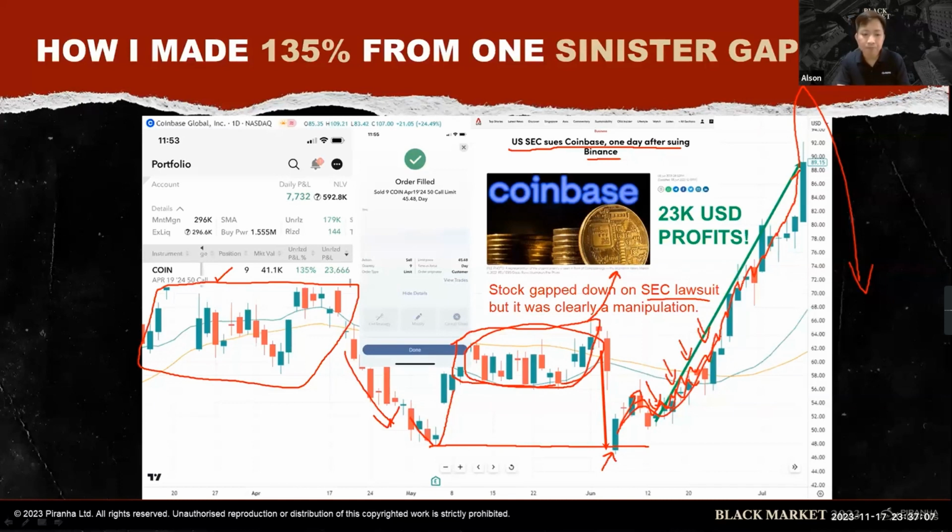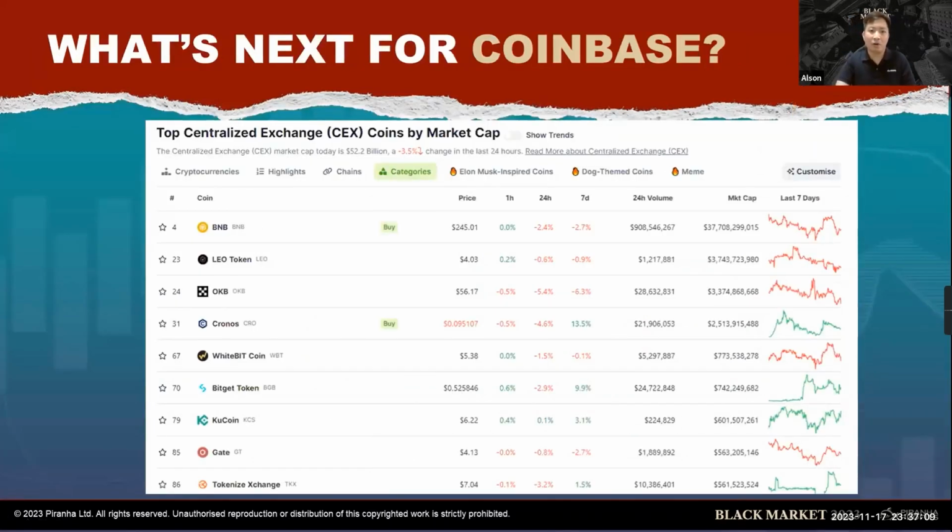Okay? So what's next for Coinbase? As of my writing here, I think Coinbase market cap is about $26 billion. In my view, the BNB Binance token is about $37 billion market cap. In my view, I think Coinbase will eventually overtake Binance.